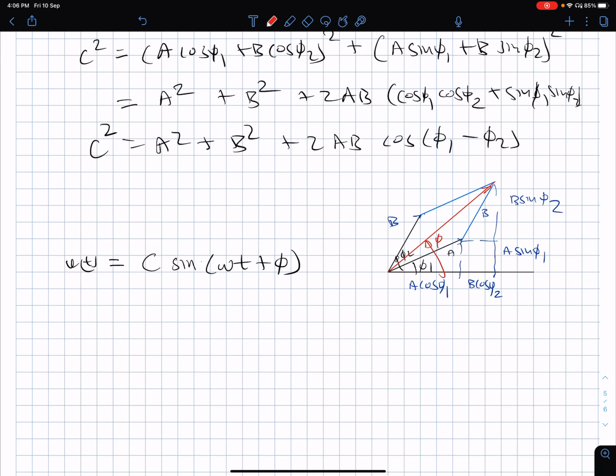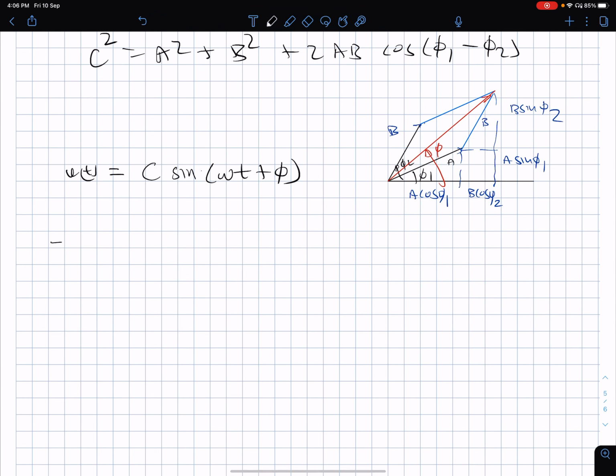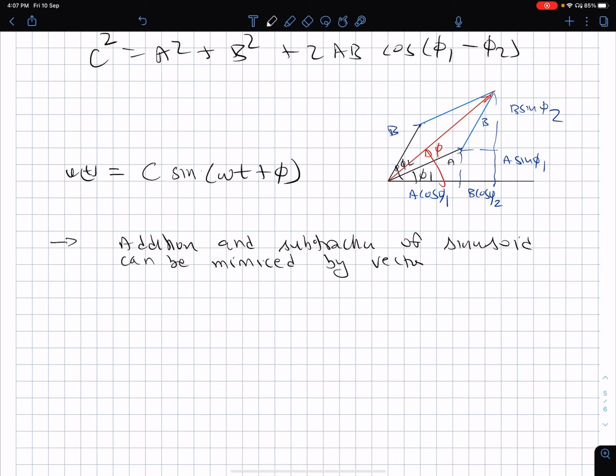So the very important point is that addition and subtraction of sinusoids can be mimicked by vector addition and subtraction.